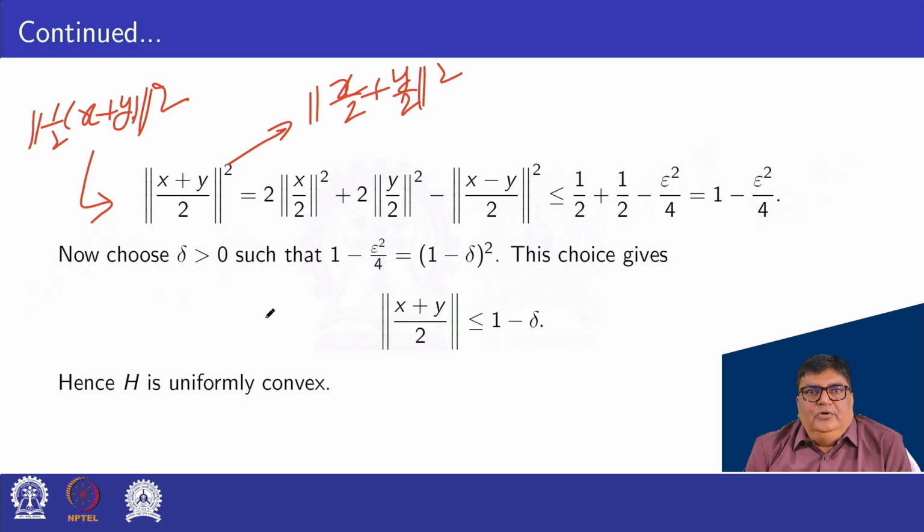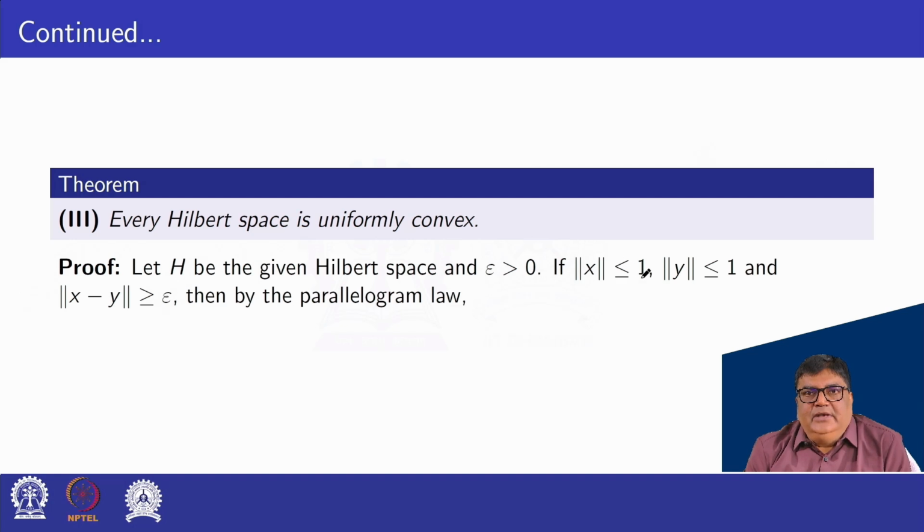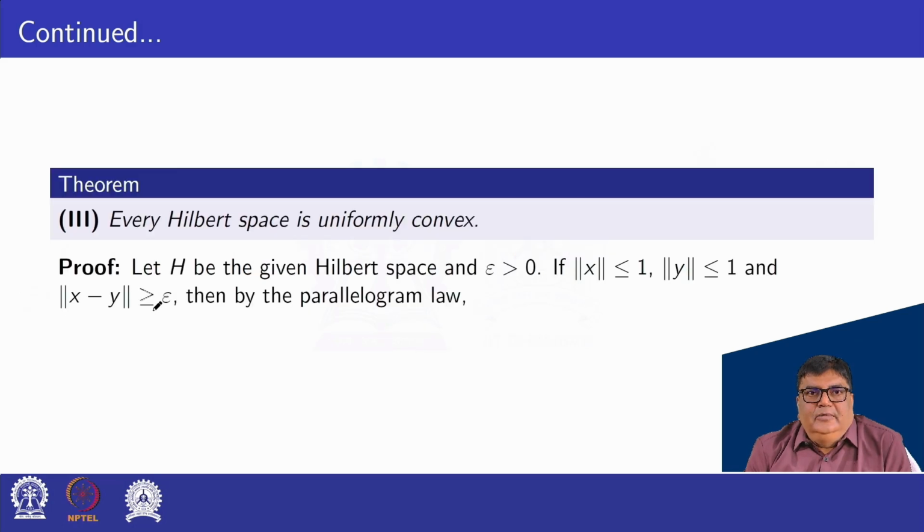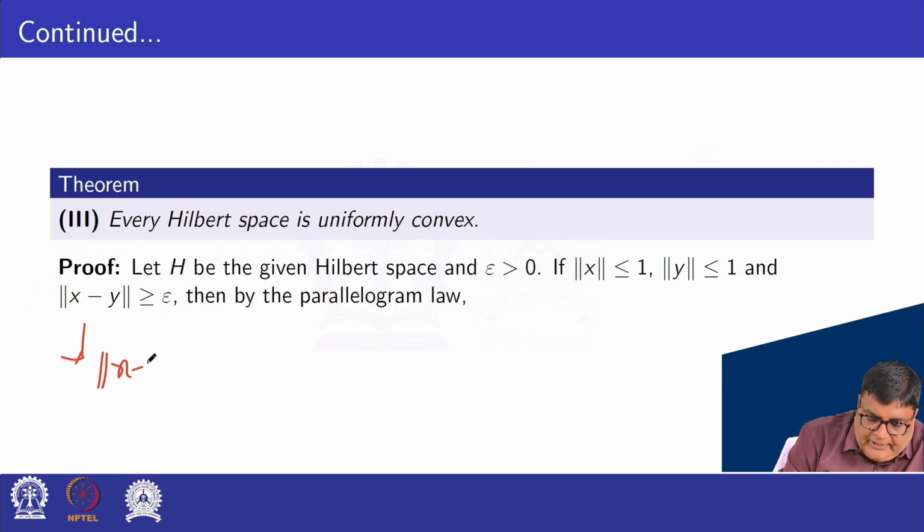Now norm x is less than or equal to 1, norm y is less than or equal to 1, and norm x minus y is greater than or equal to epsilon. So taking the half outside, that is 2 upon 4, we get 1 by 2 from this quantity, and also 1 by 2 from the next. And norm of x minus y squared is greater than or equal to epsilon squared.